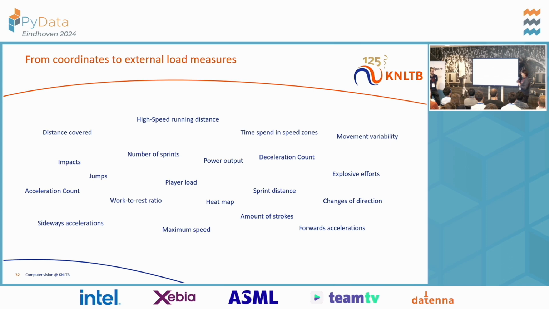This is a wide-ranging cloud plot of what you could do, like sprint distance, time spent in zones, power output, number of sprints, jumps, whatsoever. All these kinds of things would be possible to detect. But what is our staff at the federation actually interested in? So the next step was to convince them to actually use the system, because the buy-in is the most important thing, especially in a sports federation.